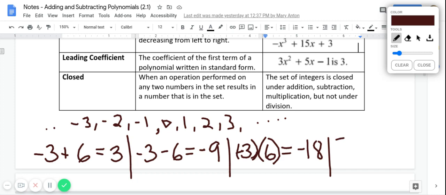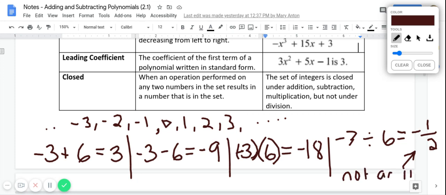What if I take -3 divided by 6? I get -1/2. Is that an integer? No. Not an integer. And these all were.